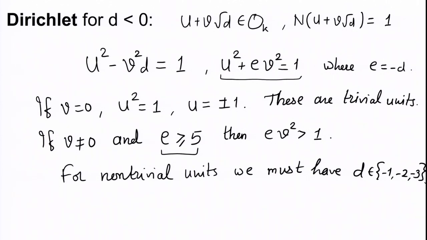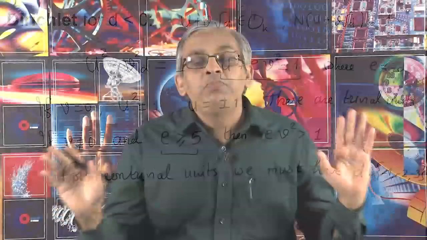These are the only possibilities for D to have a non-trivial unit. In all other possibilities for D, the only possible solutions are plus minus 1, which is a finite set. Remember, what we want to prove is that whenever D is negative, the group of units is finite. That is what we want to prove.